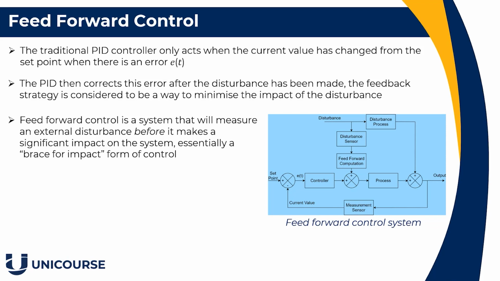And of course, throughout a system like this, we are measuring the external disturbances. Now, these external disturbances are not really controlled by the system itself. These could be something to do with the actual heating system.